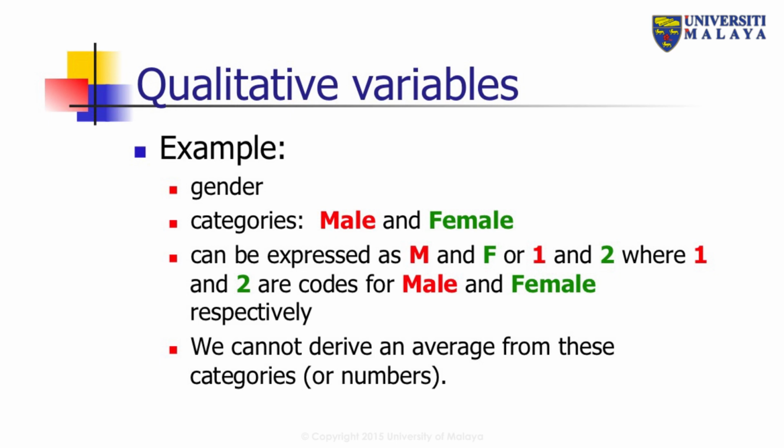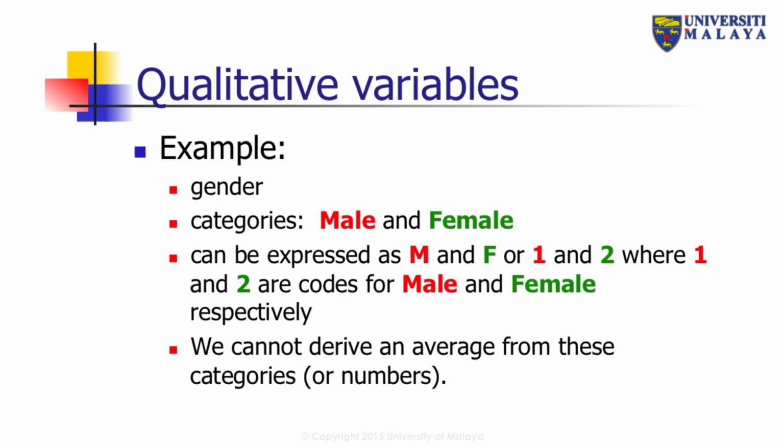We could also express these two categories using letters such as M or F. We could also express it using numbers where 1 represents male and 2 represents female. Remember that we cannot derive an average from these categories or numbers because there is no meaning to this average value.